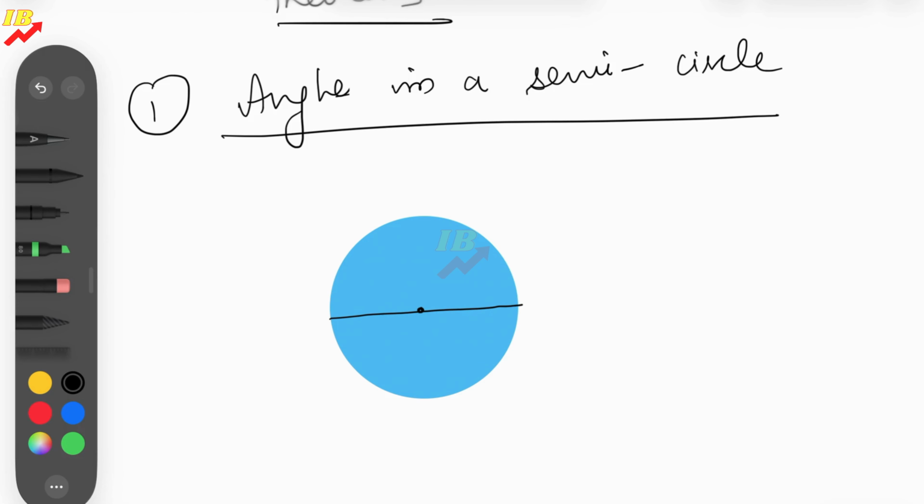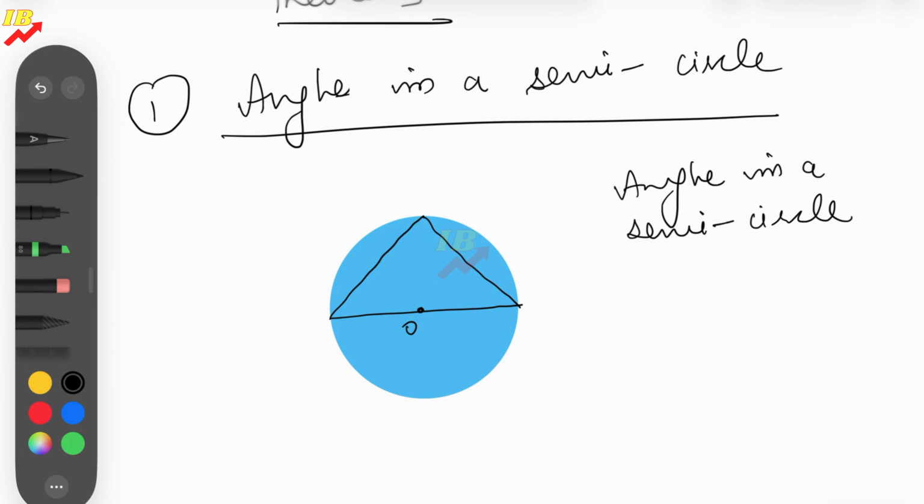I'm marking the center of the circle as O. As I said, we have to take a semicircle here, so I am marking a few lines. Angle in a semicircle is a right angle.